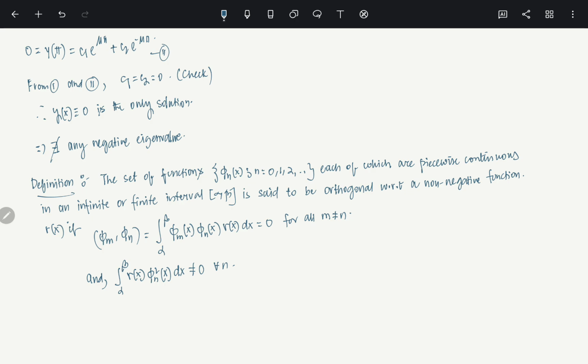If those two conditions hold, this r is called, as I told you, the weight function, and we call the phi n set an orthogonal set. If that integral of r phi n square is 1, then we call it an orthonormal set. Okay. So remark.